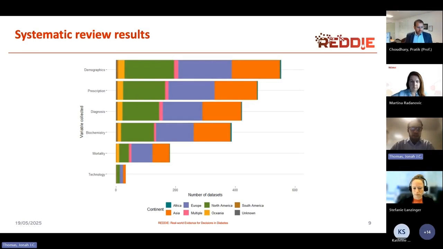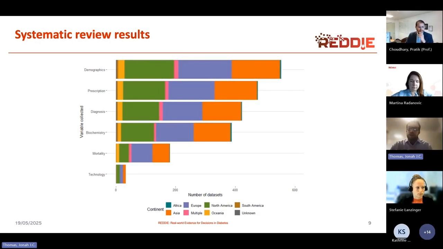We had biochemical data, which includes things like HbA1c, cholesterol, eGFR. We had mortality data, so related to death. And we had technology-related variables. So this was things like CGM usage or insulin pump usage. And what we can see here is demographics, prescription, diagnosis, and biochemical data were commonly collected across the databases we identified, with mortality and technology data much less commonly identified.